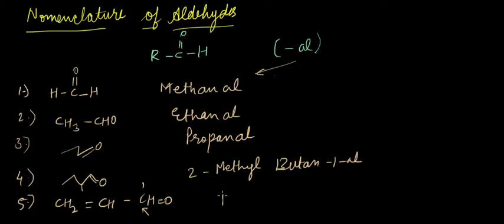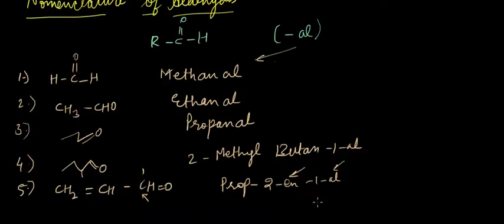So the name would be prop-2-en-1-al. In this case the suffix of the functional group would be named last, after the alkene group.